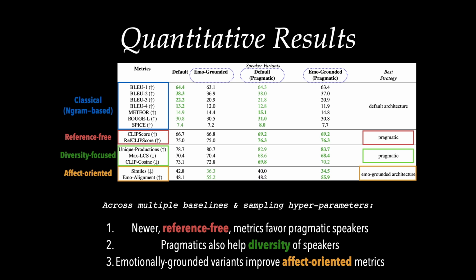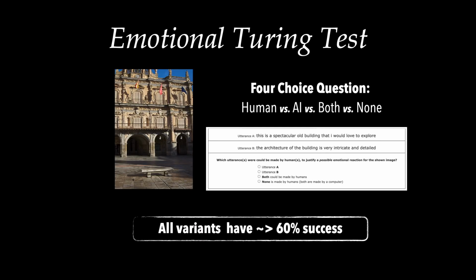Last, the emotion-grounded variants do best on specialized and affect-oriented metrics, like those introduced in recent previous works, which, for instance, capture the emotion compatibility of the generated captions and the underlying image. One last metric we'll use here is based on a human study imitating a Turing test.